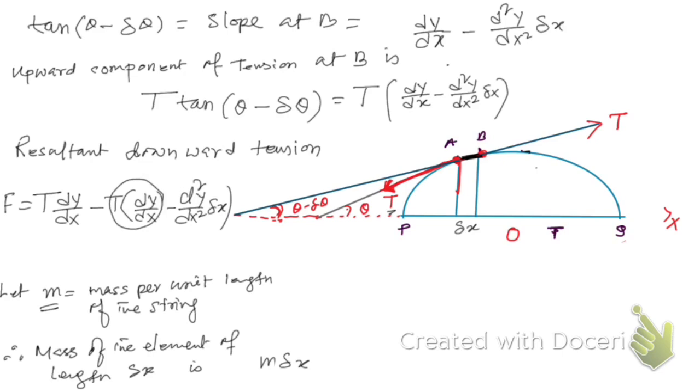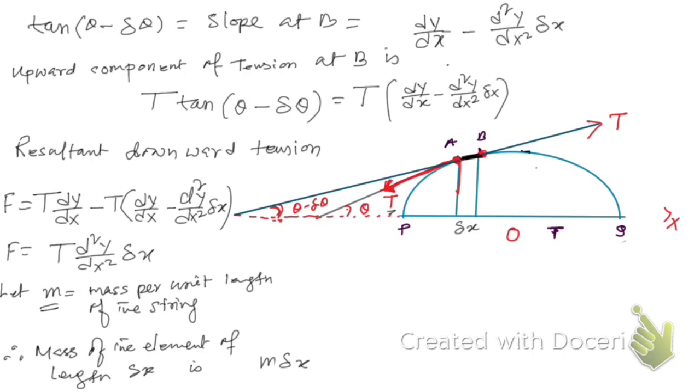T dy by dx will be cancelled by this, because we have a minus between them. Then we end up getting T into the second order derivative of y with respect to x, delta x. Because if you open this bracket, this minus and this minus sign will become plus, and these two will be cancelled, right? Hope you have understood this. So that is what we have done.